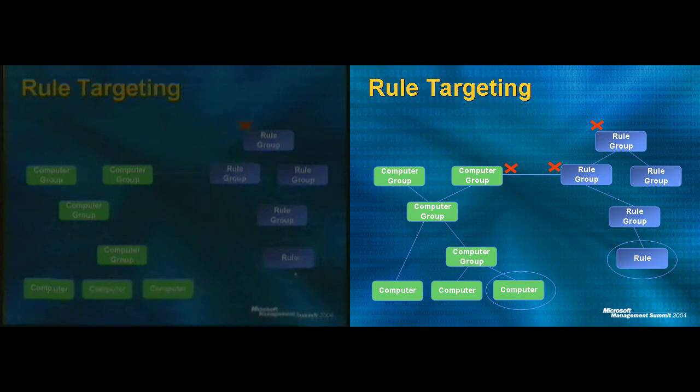I expect this rule to be disabled. Why is it not disabling? Well, look at that. The connection is still made. Okay, the rule will still hit the computer even if the rule group is disabled. What you want to do is either disable this rule group or disable this computer group. And if you do either one of these, this connection will be broken and that rule will not hit that computer.